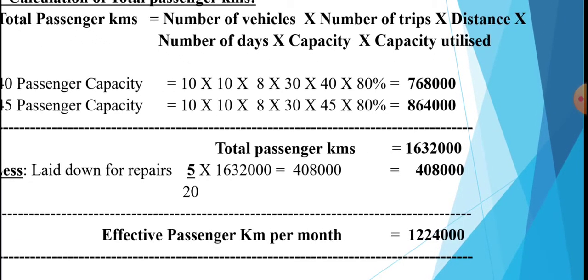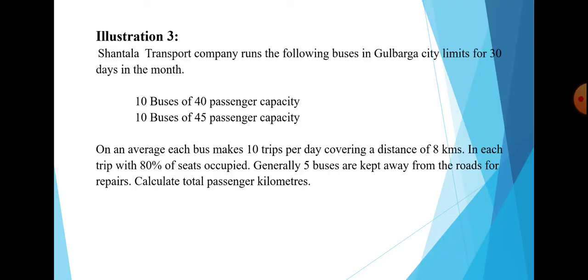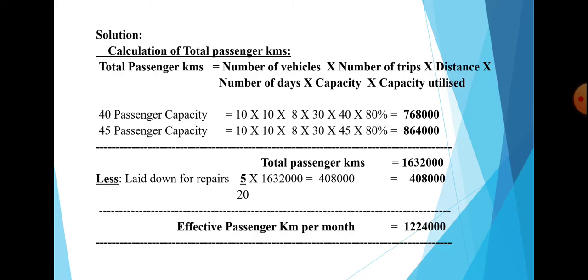When we deduct 4,08,000 from the total passenger kilometers of 16,32,000, we get effective passenger kilometers, which is equal to 12,24,000 kilometers. So these are the simple problems regarding the calculation of total kilometers, total effective passenger kilometers and total effective ton kilometers. Thank you.